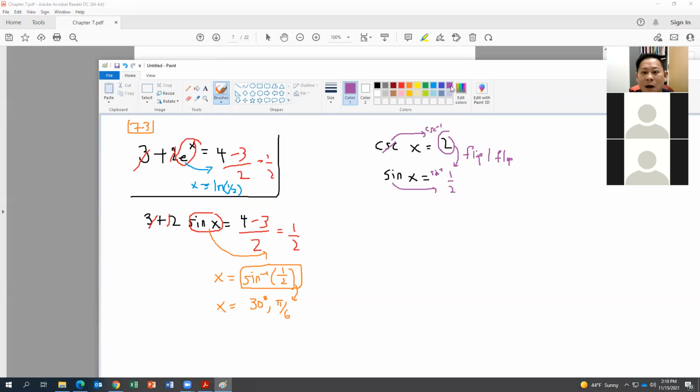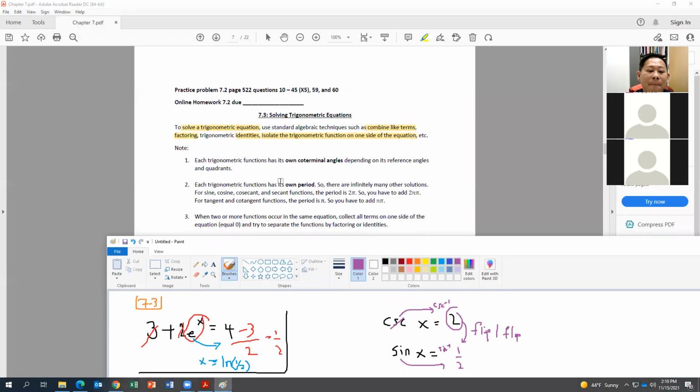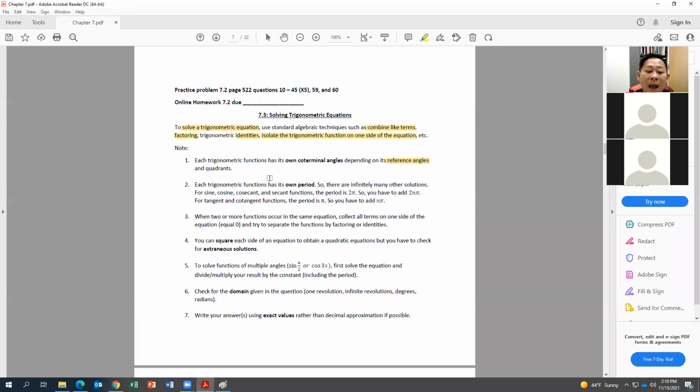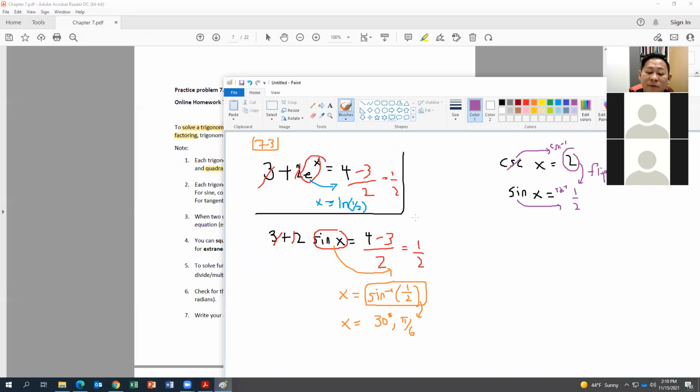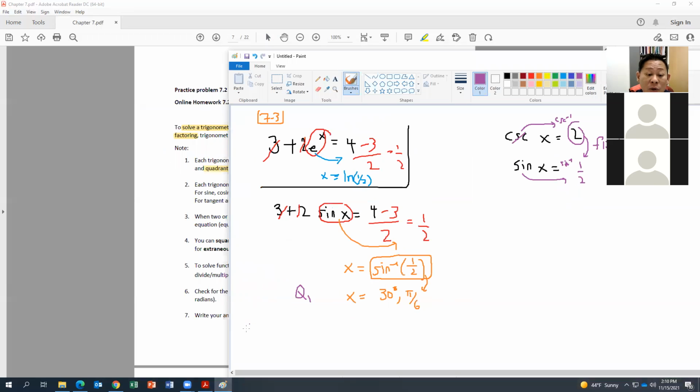And then there are a lot of other rules that you need to watch out for. One of them is we need to know the reference angles and the quadrants. Sometimes the answer you gave me only belongs to quadrant 1. It depends on what kind of domain they use.